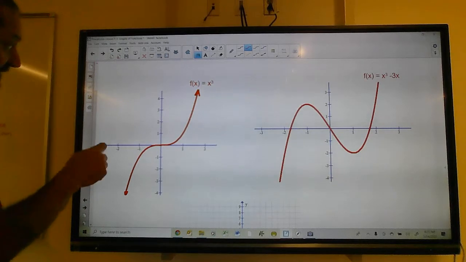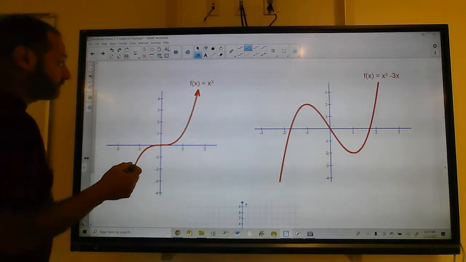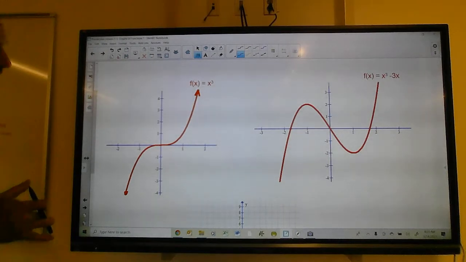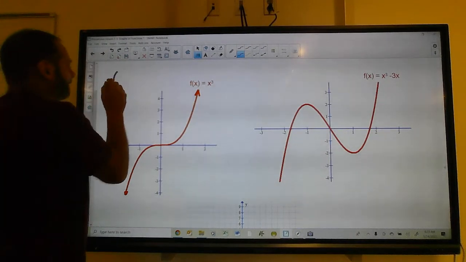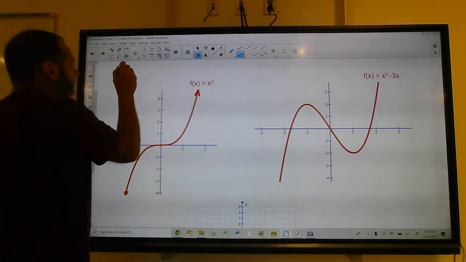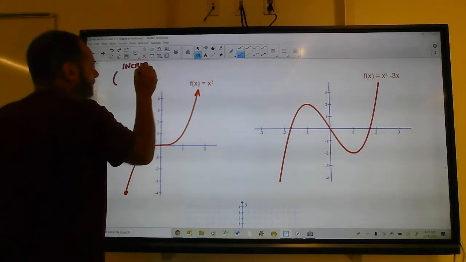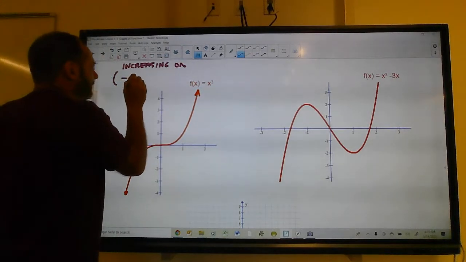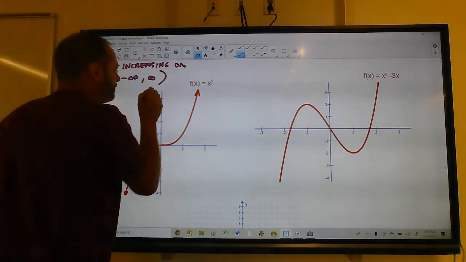So this is increasing everywhere. Now we're going to write an interval notation, okay, which looks like a point, so you have to know context. But the interval notation that this is, we would say this is increasing on negative infinity to positive infinity.